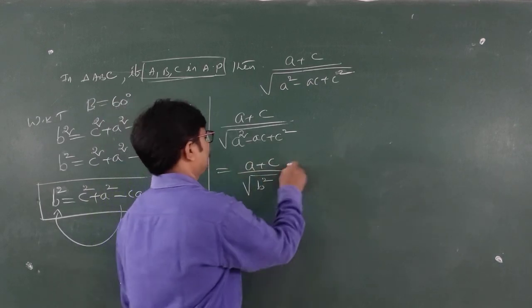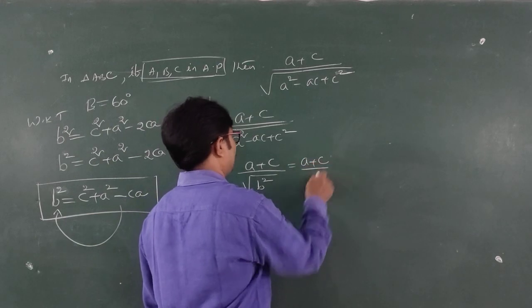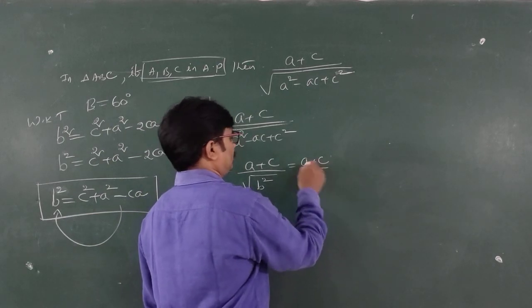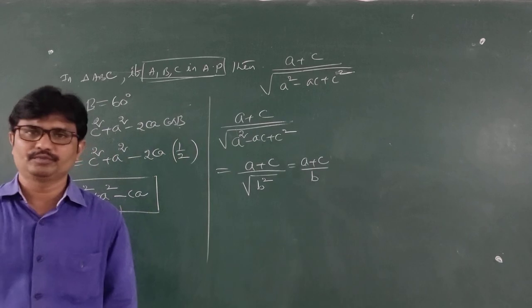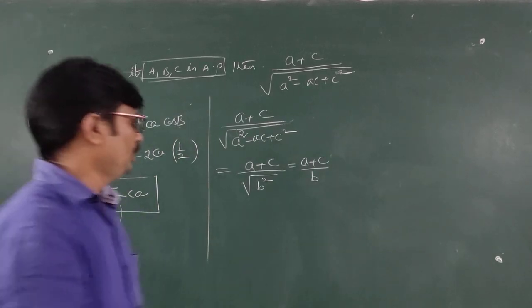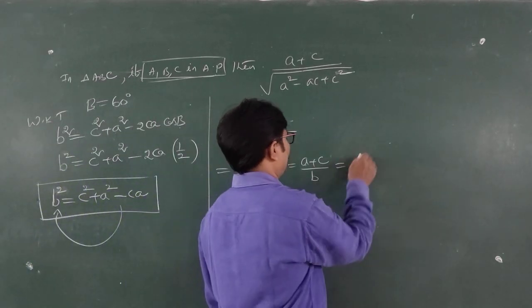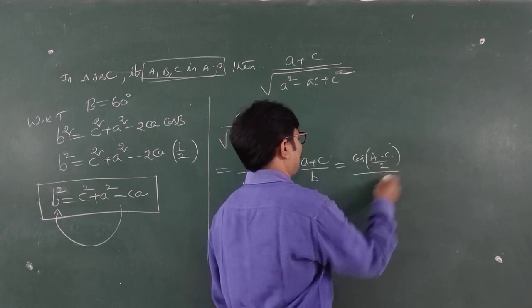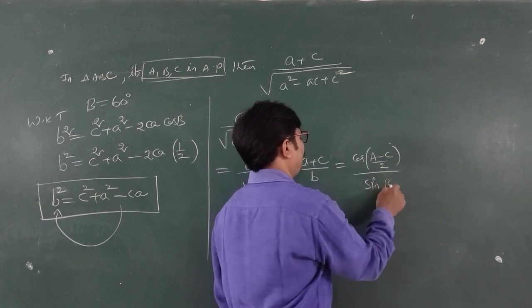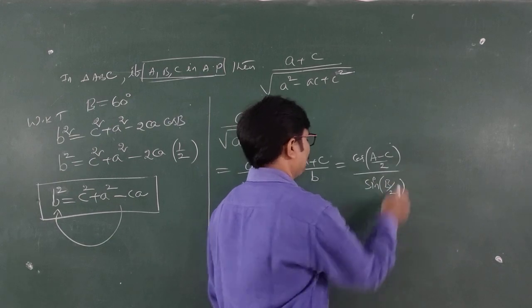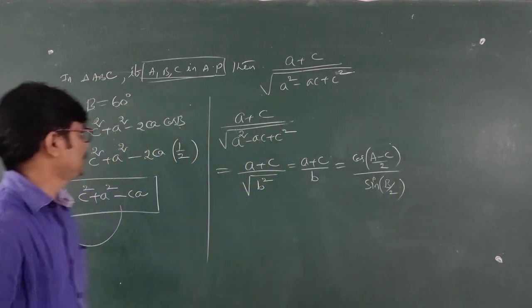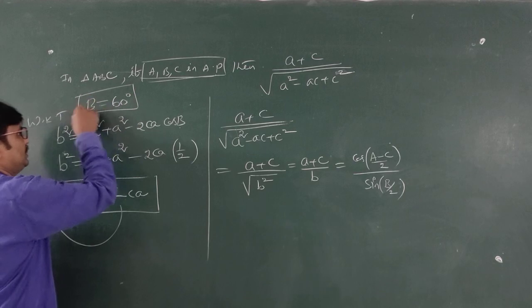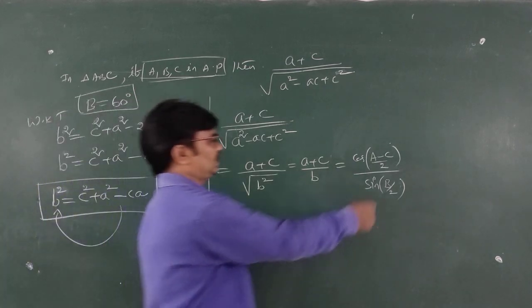So students, we can write it as (a plus c) by b. What is (a plus c) by b, students? From the Mollweide rule, we know it is cos of (A minus C) by 2 upon sin of B by 2. B is 60, 60 by 2 is 30.